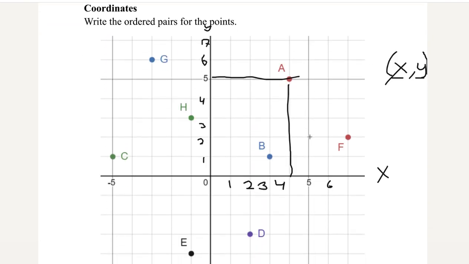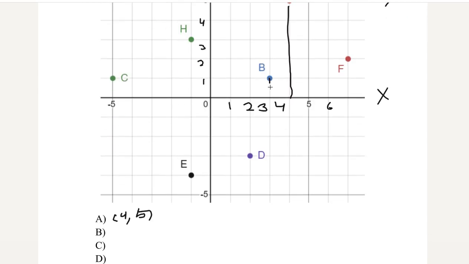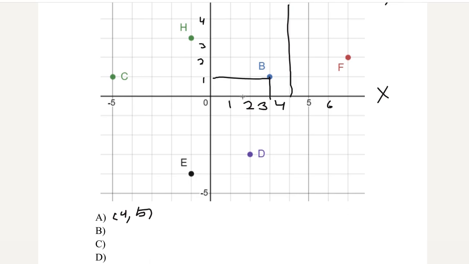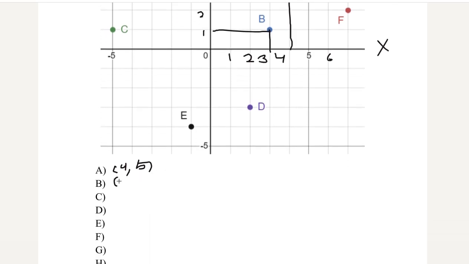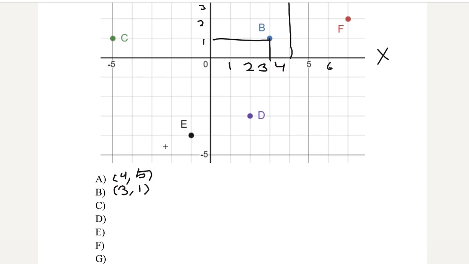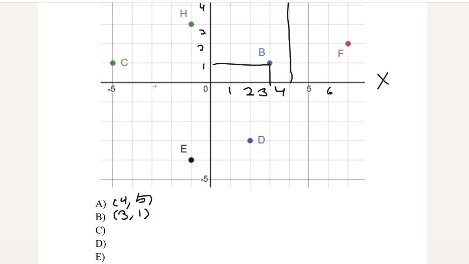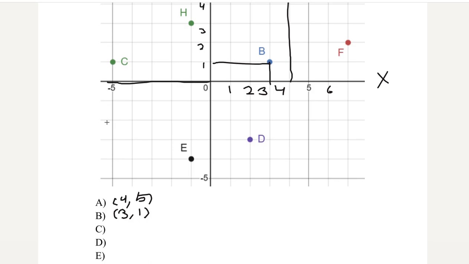Let's look at some more. Let's look at B. We bring it straight down and straight across. We have x first, so it's 3, and then our y value, which is 1. Let's do C. C right now is in the negatives. So it's at -5, and then it went up once.